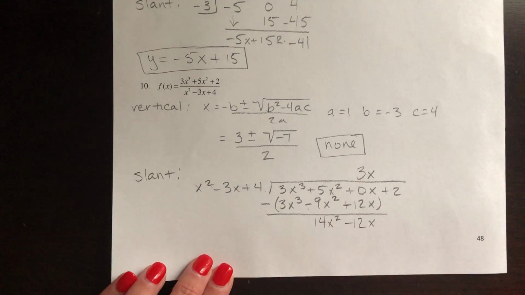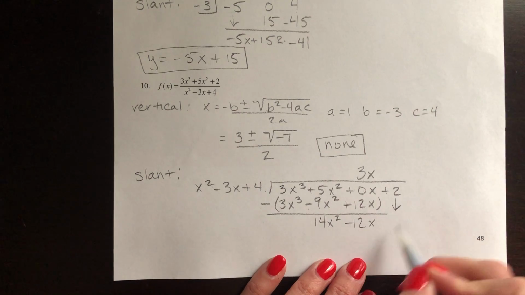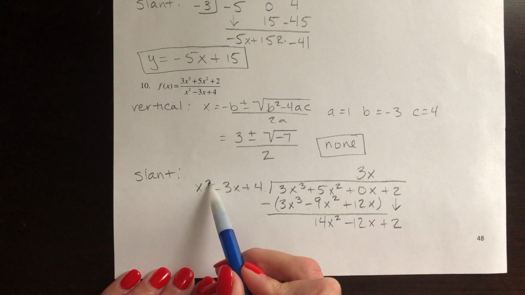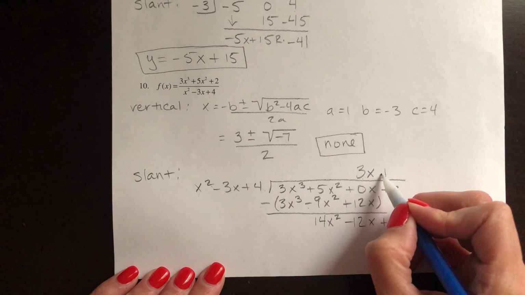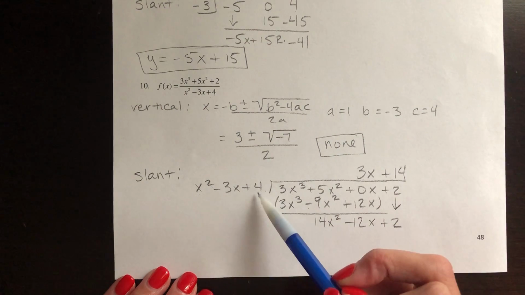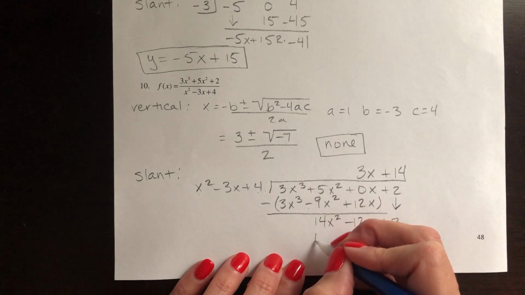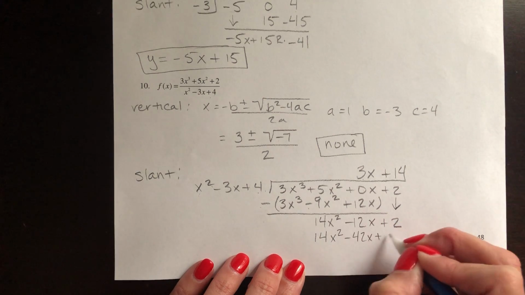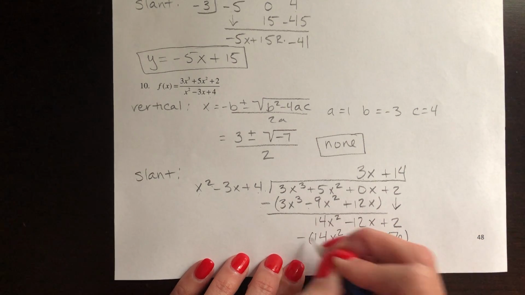5 minus negative 9 turns to positive, so that's 14x squared. And then 3 minus 3 is 0. Bring down your plus 2. 14x squared divided by x squared is 14. So that's the next term of my quotient. Take the 14 and distribute it through to the divisor there. And subtract.